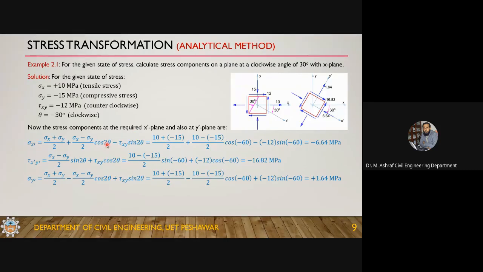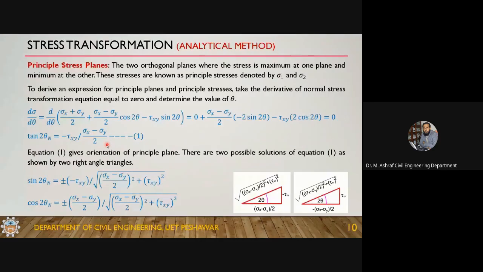And how to get that? We have the maxima and minima principle: you take the derivative of the function. So you have sigma equal to this, and you take d sigma by d theta because you want to know the particular theta at which that plane lies.